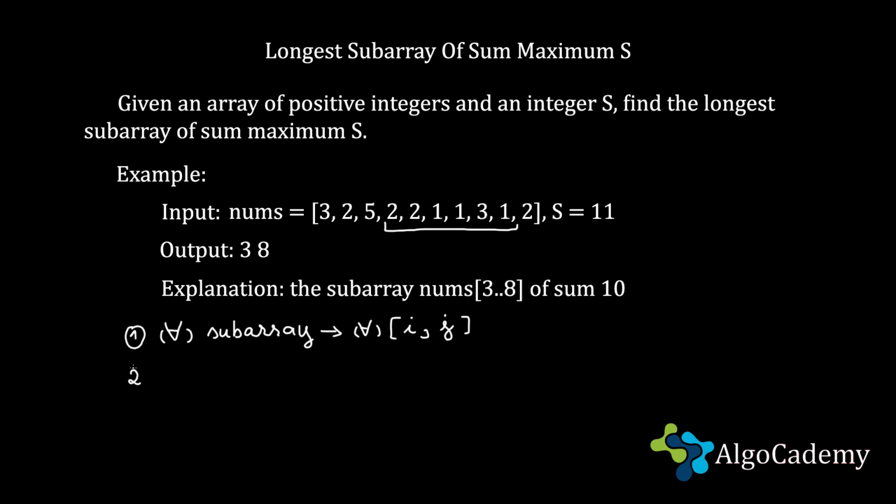The second one is that once we have a subarray i and j fixed, we need to know the sum of that subarray. And right now, we know a couple of ways to do that. I'm not going to talk about the brute force approach, so don't worry, we are over that. We can, of course, use partial sums, right? So partial sums is one way of quickly getting the sum of any subarray i, j.